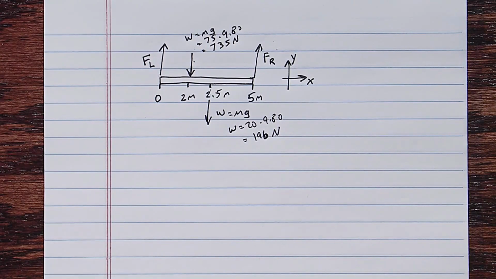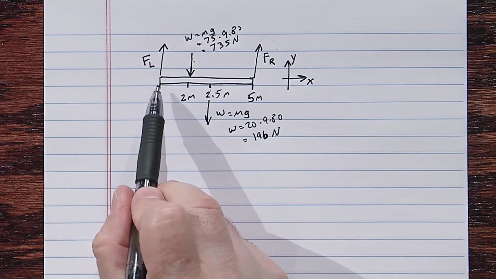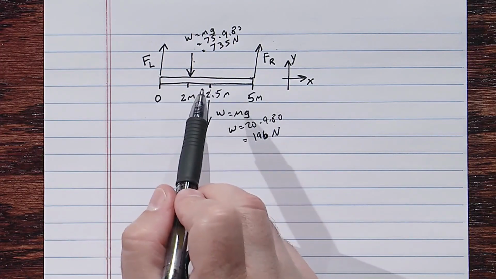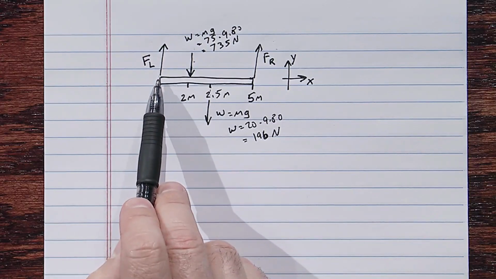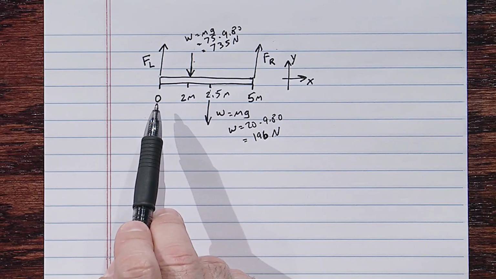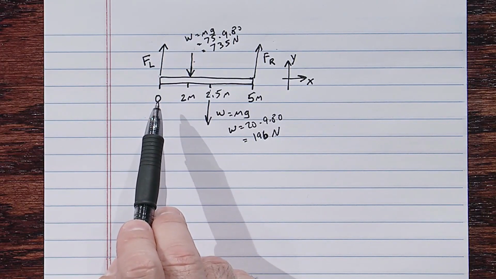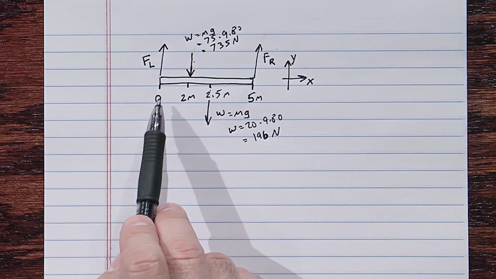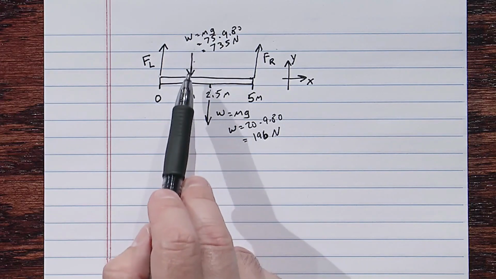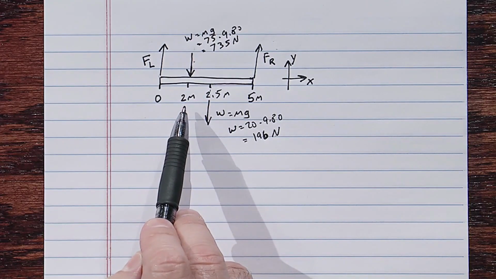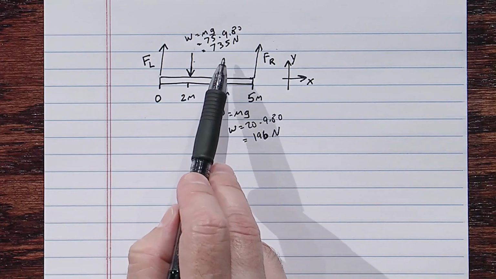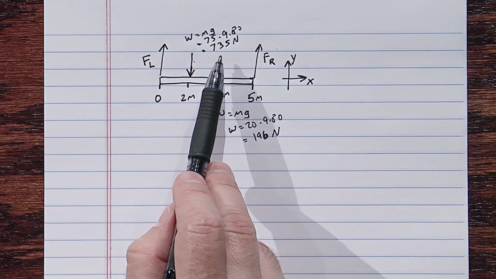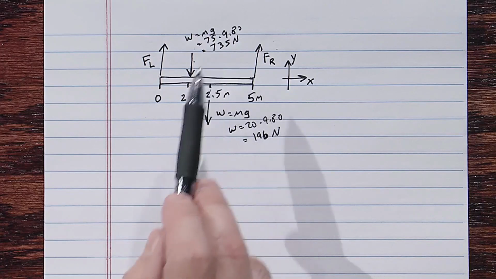So let's just review this. Here's the board, which is what everything is exerting a force on. The 4 forces are the tension from the left-hand cable applied at the left end of the board, which we'll call X equals 0. We have the weight of the man pushing down on the board at X equals 2 meters, and he's pushing down with a force equal to his weight, which is 735 newtons.